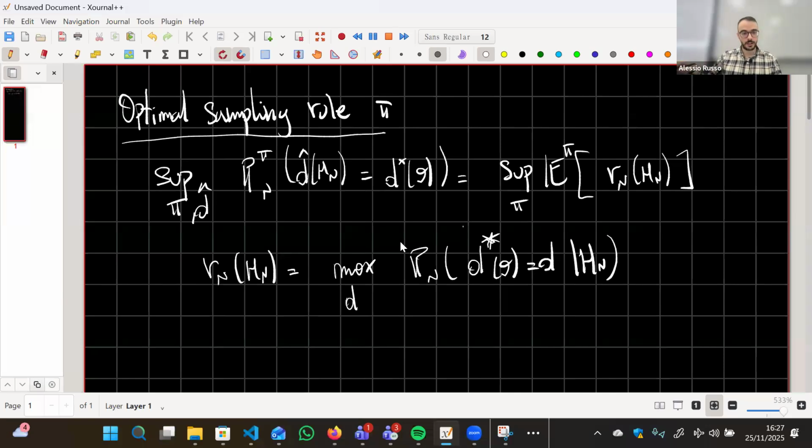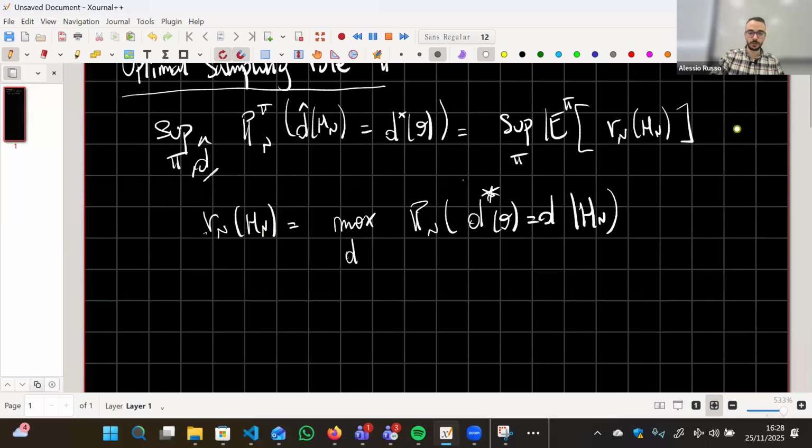This comes from the fact that the optimal inference rule is the one that maximizes the posterior distribution. I chose the notation R here because essentially this will become like a reward. I did it on purpose to write these quantities in this way.